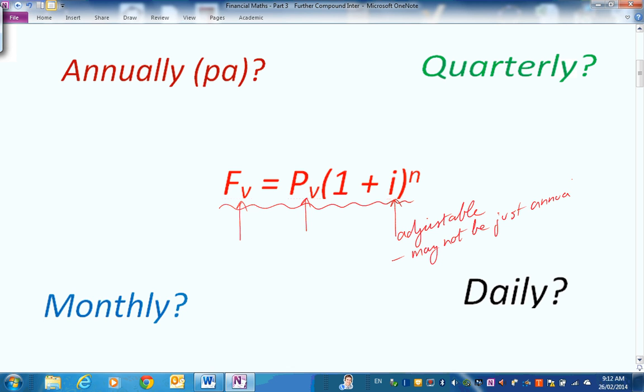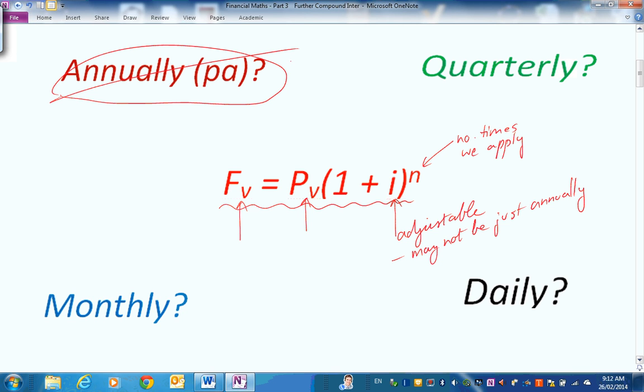R, let's say, is the annual rate of interest back in the other formula, and this would be the number of years, but this is now the number of times we apply that interest to the money. And usually it isn't annually.